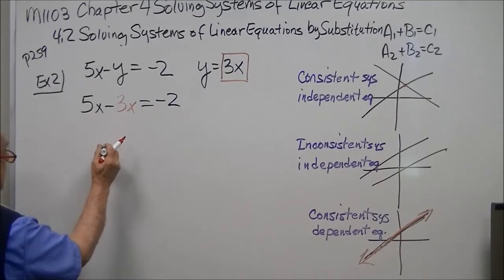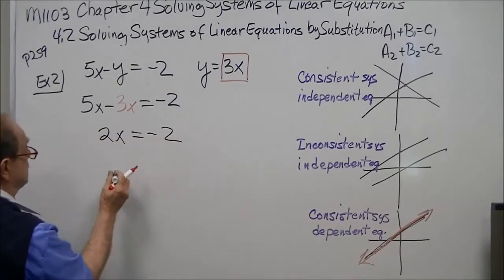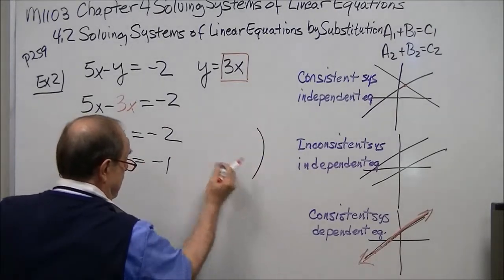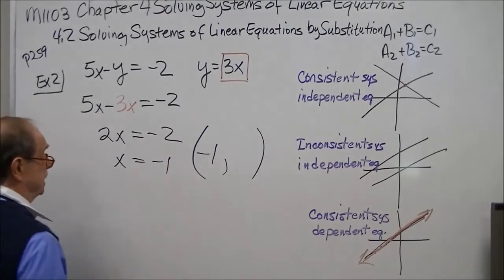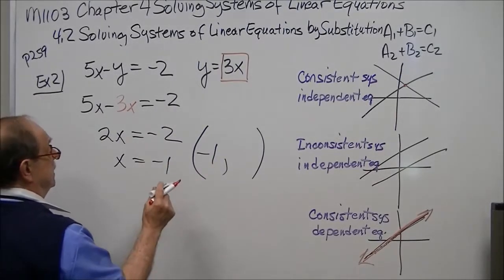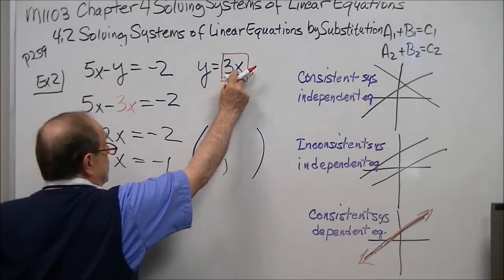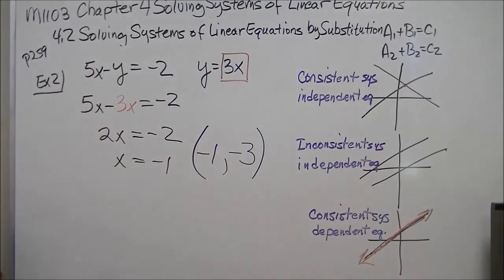So we now have 2x equals negative 2, x equals negative 1. We now have one of our ordered pairs. This time it's the x. So if x is negative 1, 3 times negative 1 is negative 3. And the method we used was substitution.